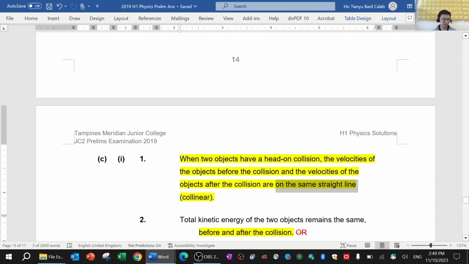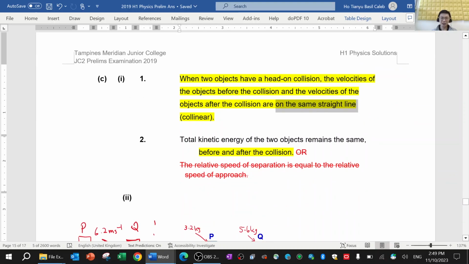Next, elastic collision. What does it mean? Yeah, so I would totally use this. And this is the one that our school has been using. You can see I've cancelled out the solution by TMJC, because this cancelled part is the result of both elastic collision and POCOM.